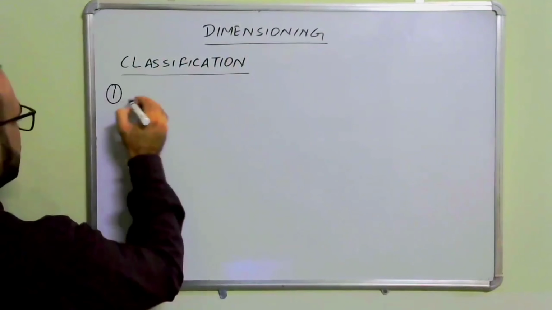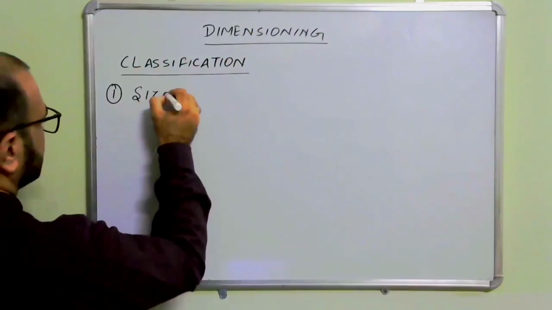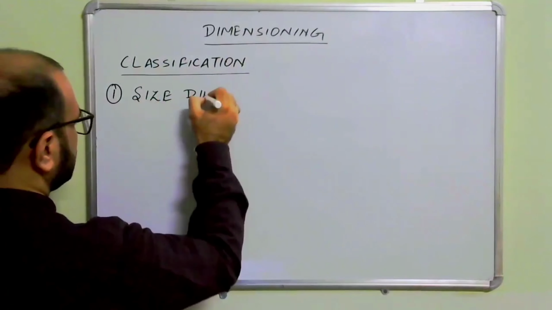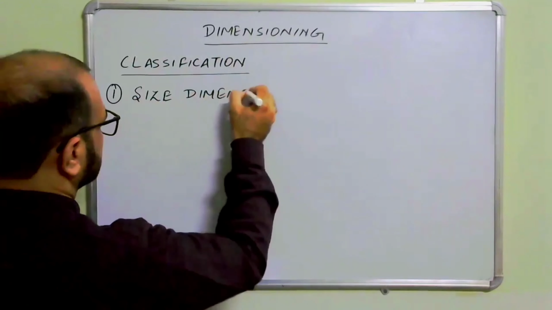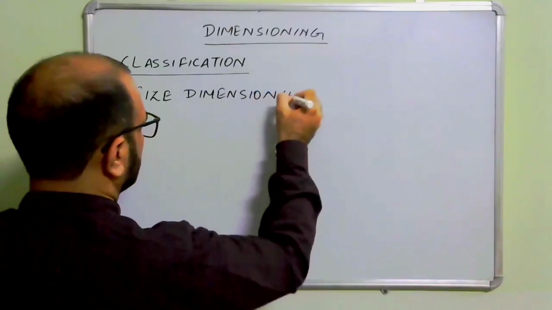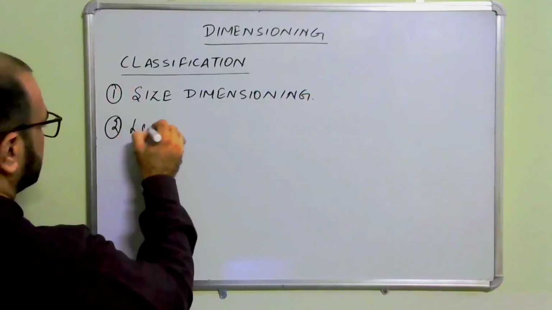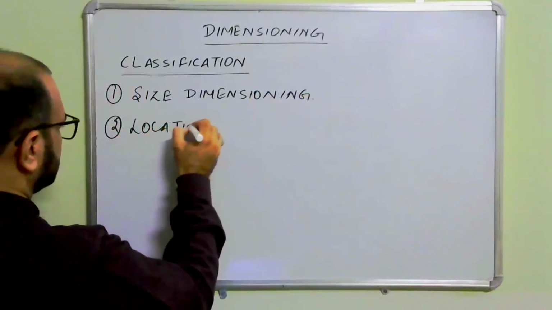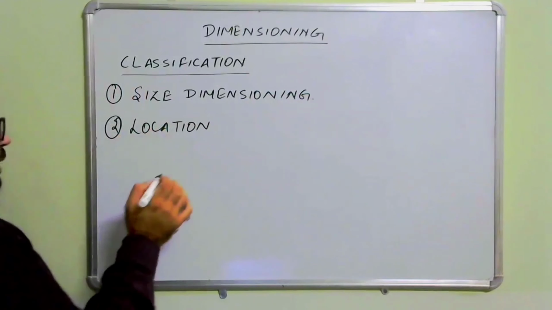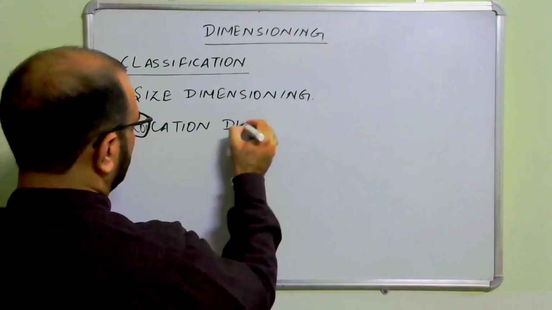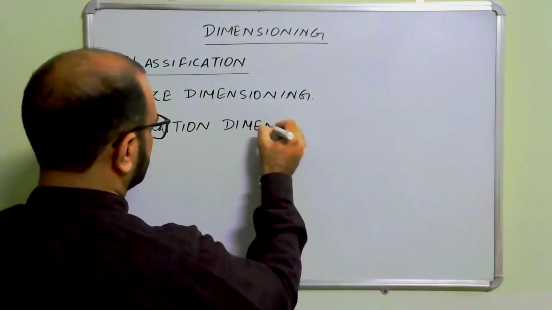First is size dimensioning, and second is location dimensioning. For this you need not draw the figures, but you need to understand the concept.